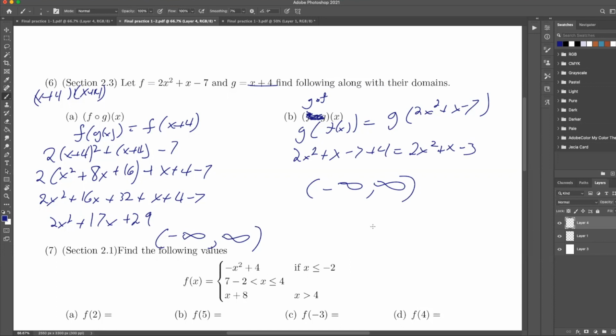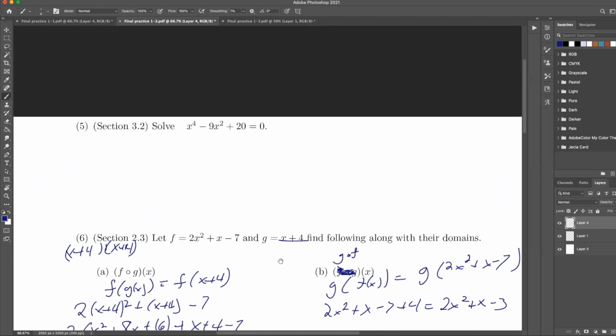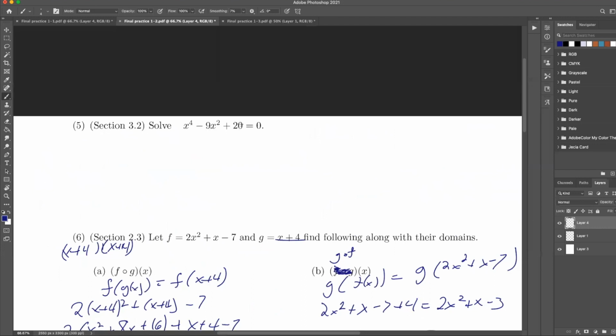All right, so let's go back to 5, see how I missed it. So here, this is one of those ones where you want to say u is equal to x squared. So we'll have u squared minus 9u plus 20. So it's this trick where we solve a lot of quadratics by reducing it to a quadratic.